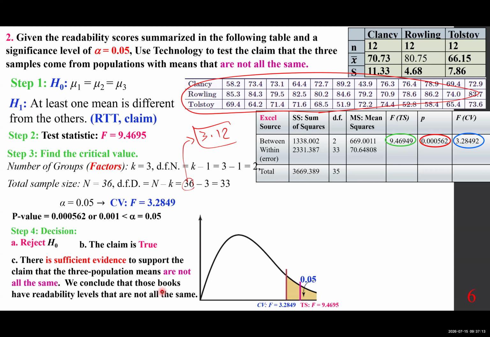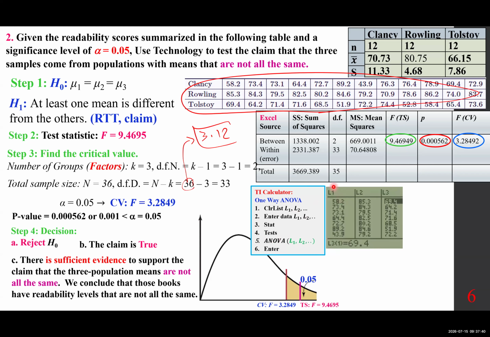Now, what I want to add here, I want to also show you the technology as far as TI is concerned. So TI calculates one way and over. First, you clear the list. In this case, L1, L2, L3, we need three of them. Then stat, test, ANOVA, L1, L2, and so forth.